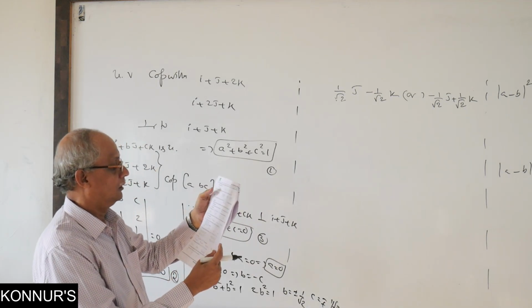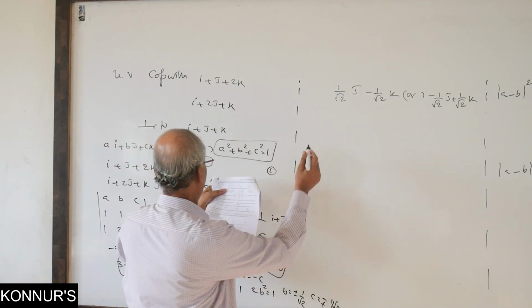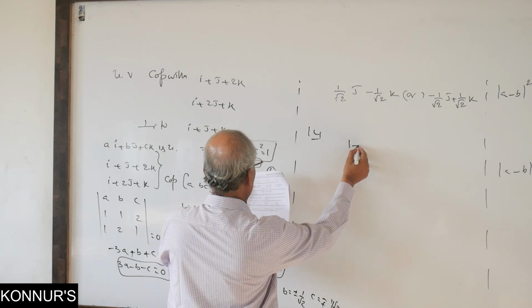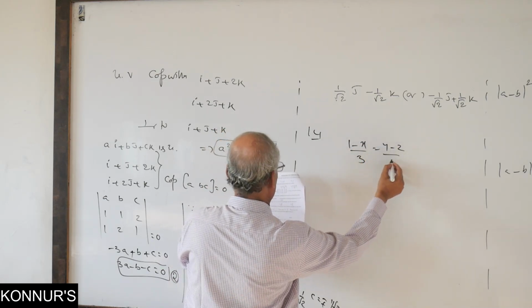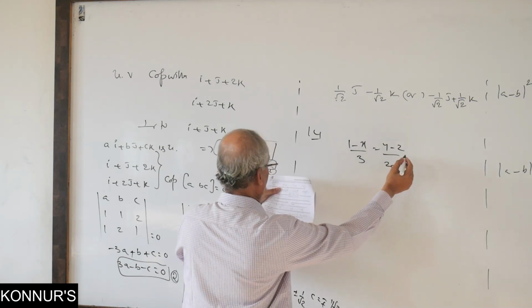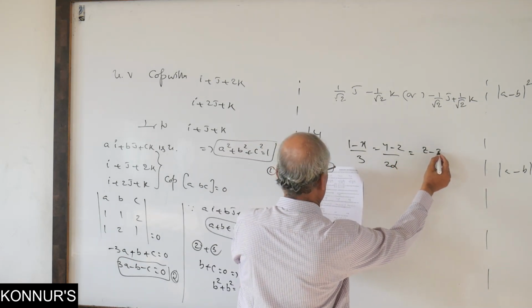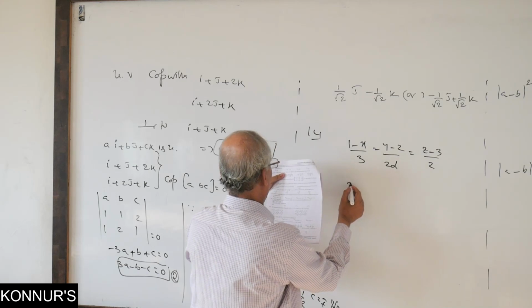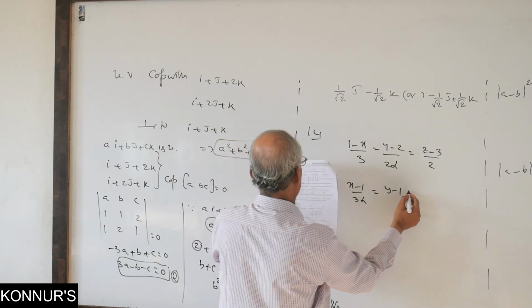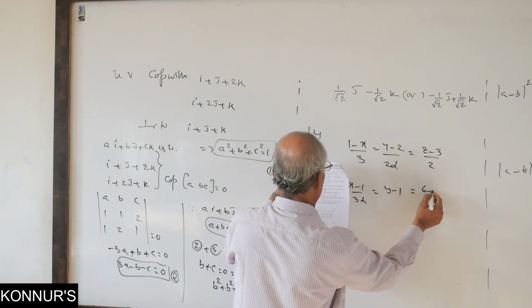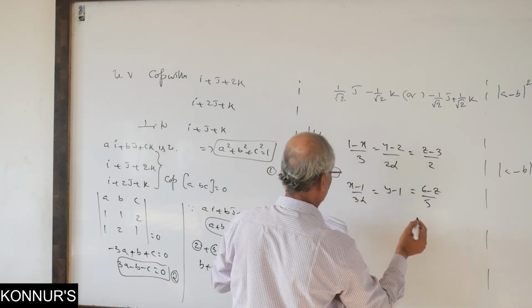Next, lines are given in symmetric form. When we say two lines are perpendicular, the sum of the products of the direction ratios must be 0.